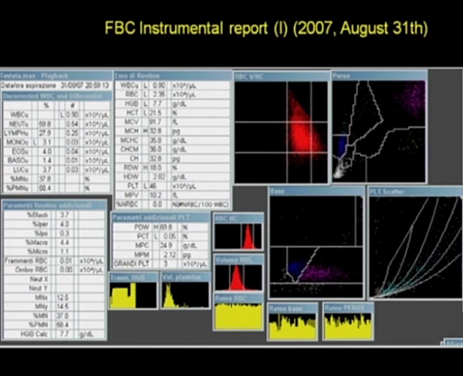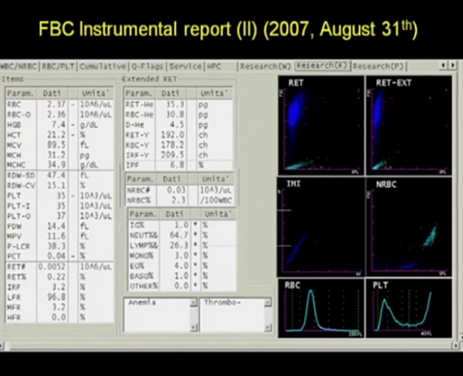Coming back to our patient, leukopenia was confirmed. There was an enumerated percentage of blood cells, and thrombocytopenia and anemia. He was transfused, if you remember. And this is another instrumental report, performed by Sysmex, and in this system there is a dedicated channel for the enumeration of NRBC, nucleated red blood cells.